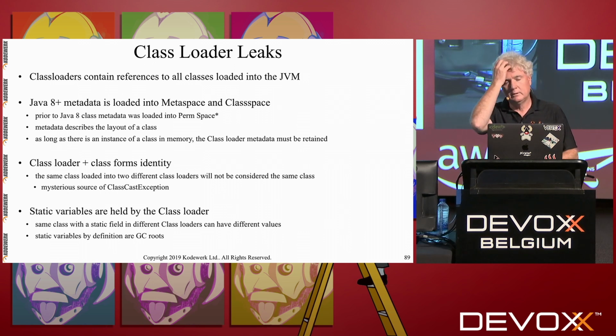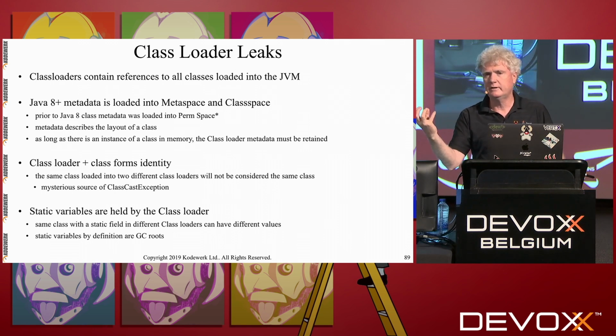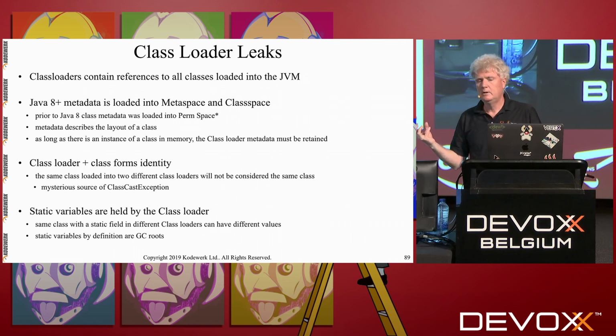Now, in perm space, it used to be that when you unloaded a single class and there were no more instances of that class left in memory, that single definition would be garbage collected. In metaspace, that's not the case anymore.